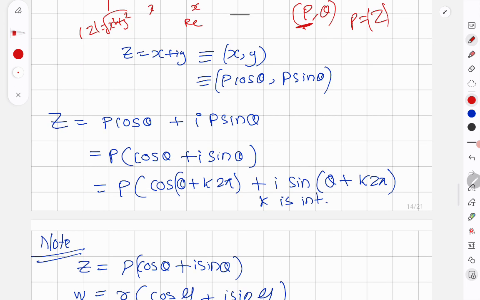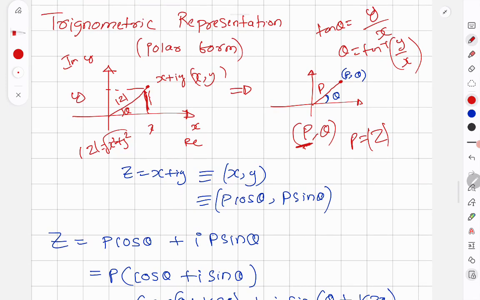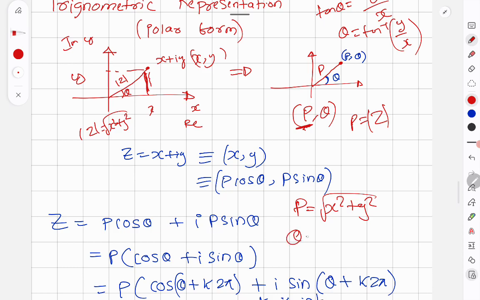So let me write it clearly. Rho can be calculated as the square root of x squared plus y squared, and theta can be calculated as tan inverse of y over x, the imaginary part divided by the real part.